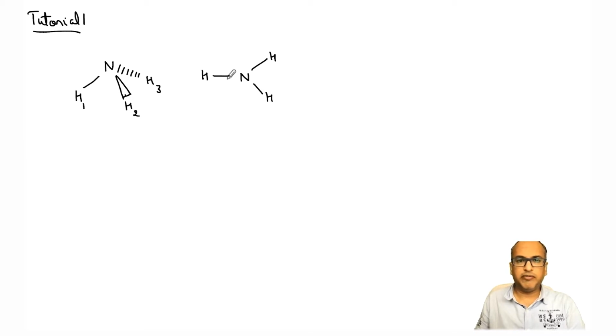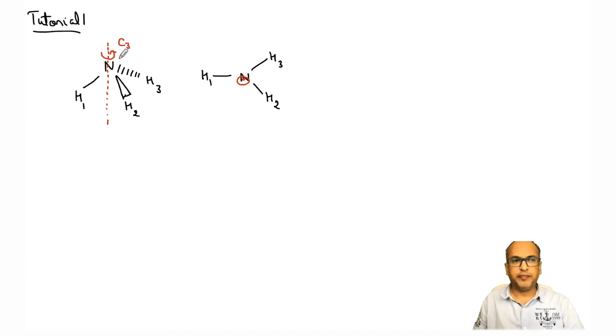So now you can see that there is a proper axis of rotation with C3 order, with n equal to 3, which is perpendicular to the plane of the board if I look from the top. So this is my C3 axis.